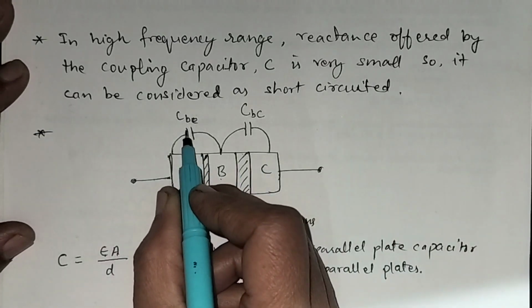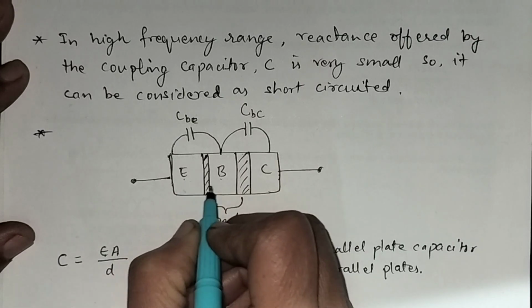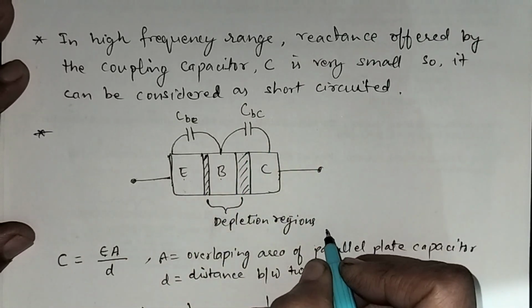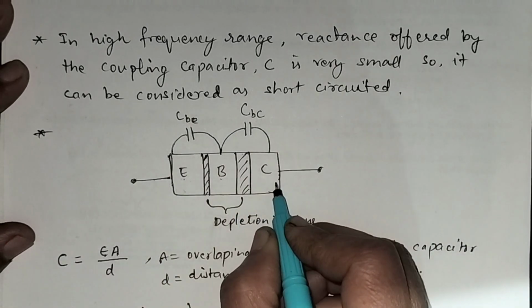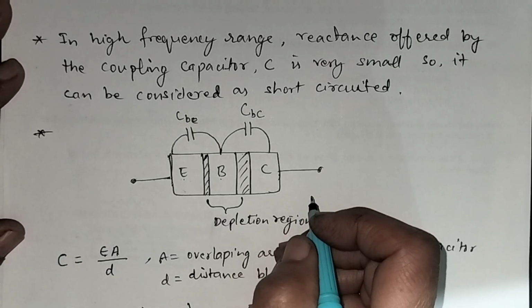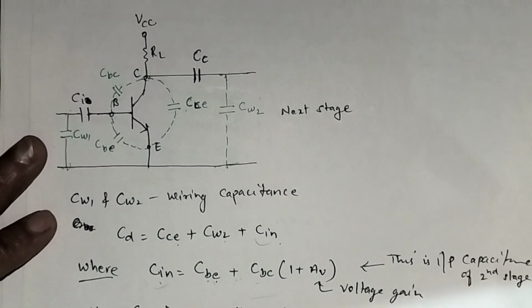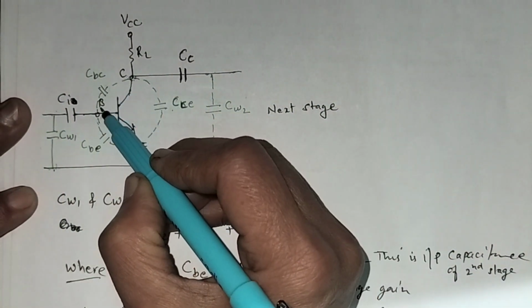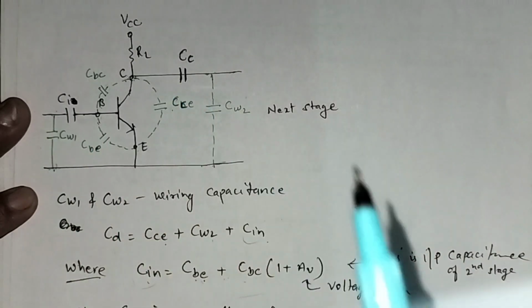So this capacitor CBE is the capacitor between the base and the emitter, and this is the capacitor between the base and the collector. Also there is a capacitance between the emitter and the collector, and that capacitance is due to the physical structure of the semiconductor device. We can see it here. These capacitances are shown here. This is between the base and collector, this is between base and emitter, and this is between the collector and the emitter.